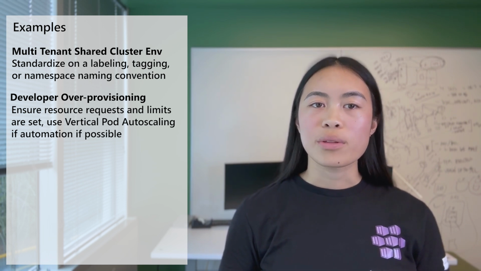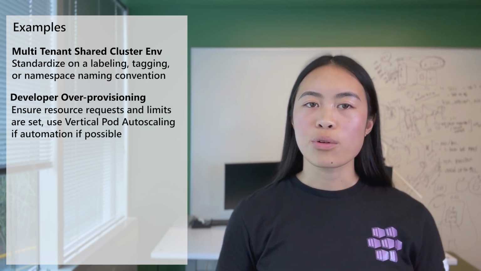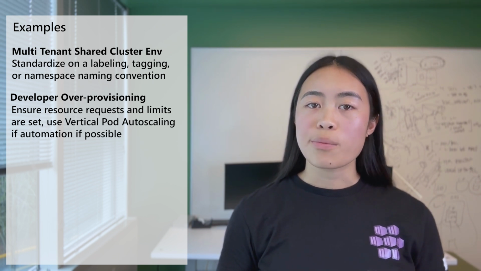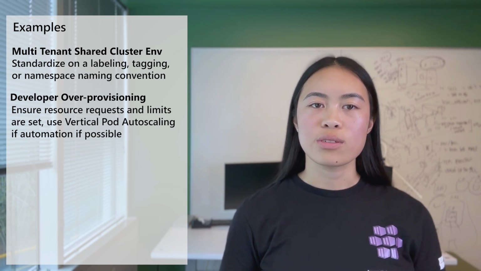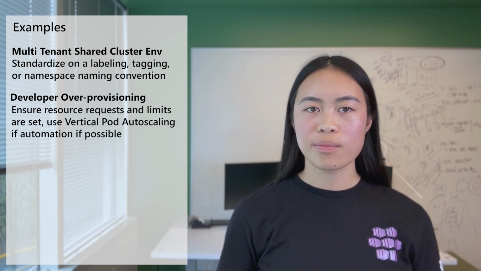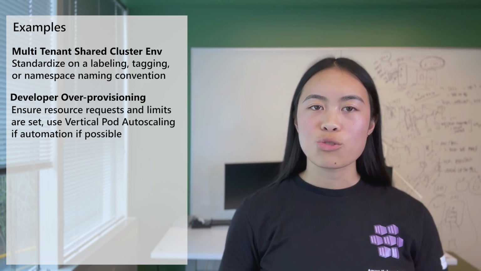In this scenario, the platform team can provide guidance to developers on how to set proper request and limit values, or if automation is acceptable, a tool like Vertical Pod Autoscaler can be enabled to do this automatically for the developers.